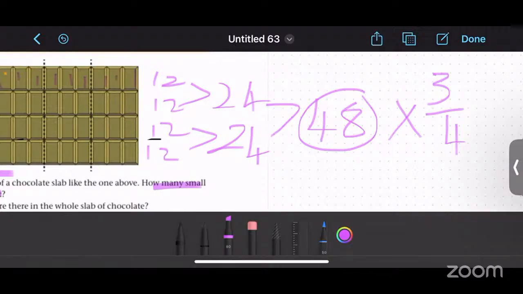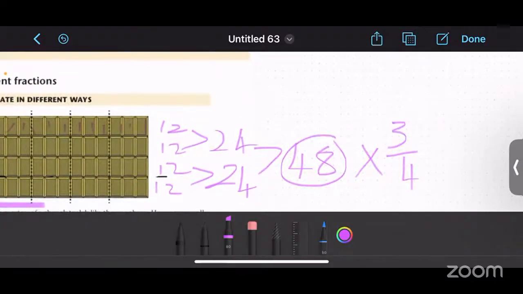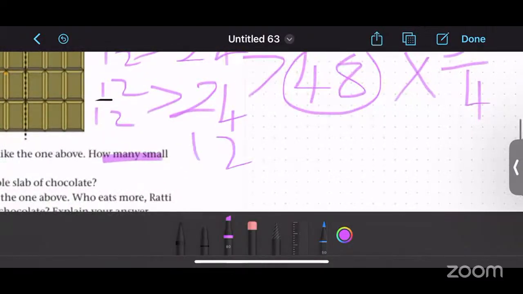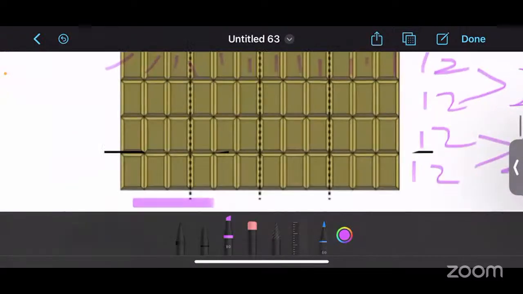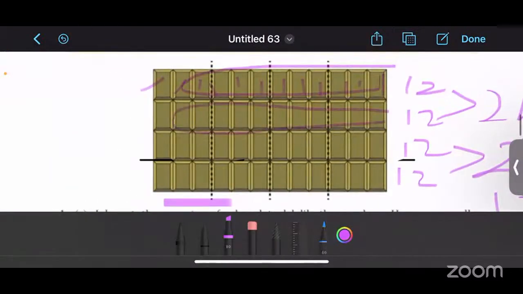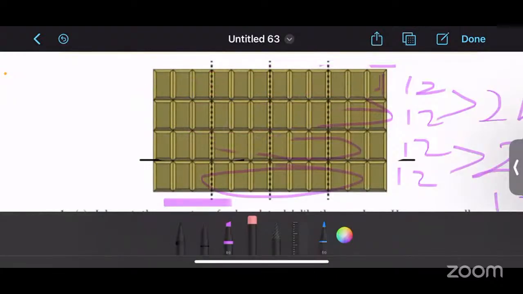So it's going to be 48 multiplied by that, which should give you 36, because this over here is going to be the first quarter, second quarter, third quarter, fourth quarter, because there are 4 pieces. Right? Because this is a method that we found for ourselves.